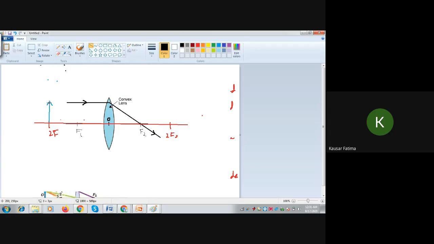One ray coming from the top of the object goes through F2 on the other side, and I have to elongate this ray. The other ray which comes from here will go undeviated.